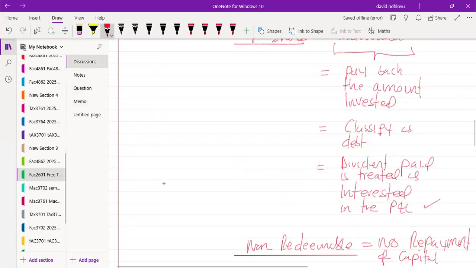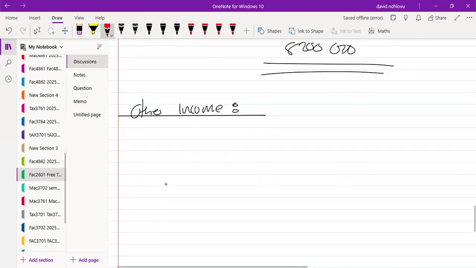So if by any chance, let's say you receive rental income, it will go there. If you invested your monies as a company and you received interest income, again, it will go there.